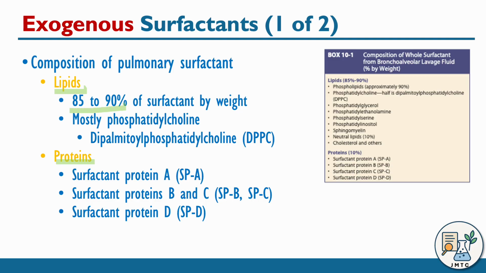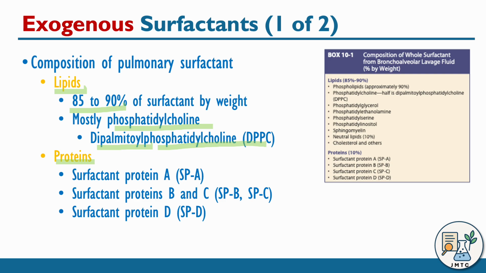So, majority talaga, lipid-based siya. Most of these lipids are phospholipids, especially phosphatidylcholine. And ang pinaka-important dito is your dipalmitoyl phosphatidylcholine or DPPC. It's the main substance responsible for lowering surface tension in the alveoli. So, if you remember one thing here, DPPC is the key player.